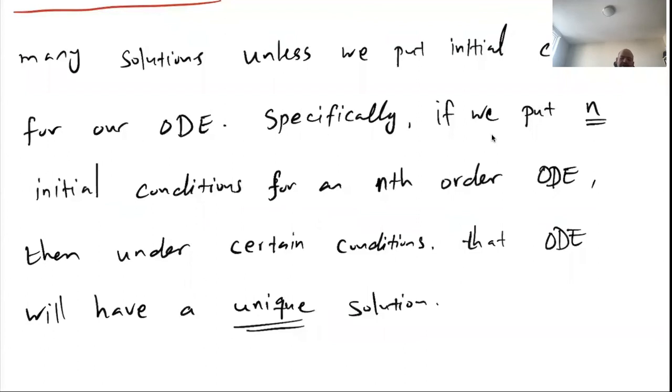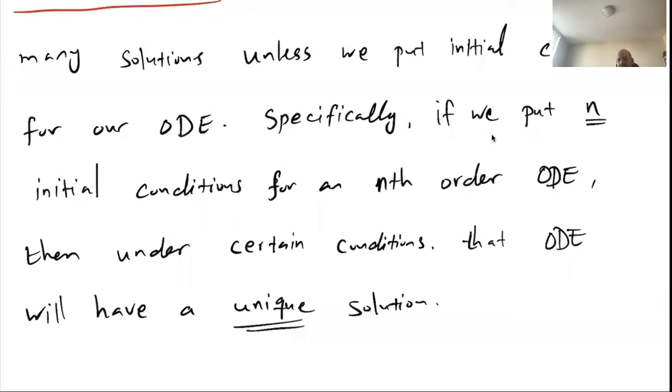But if you put n initial conditions, then under certain conditions, such as continuity of the function, we'll see those technicalities later. But generally, the idea is this: if you have an nth order ODE and n initial conditions, then normally you have a unique solution.